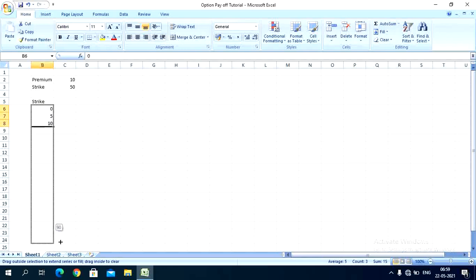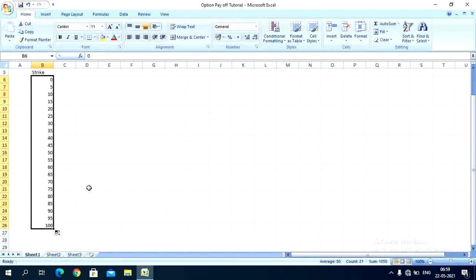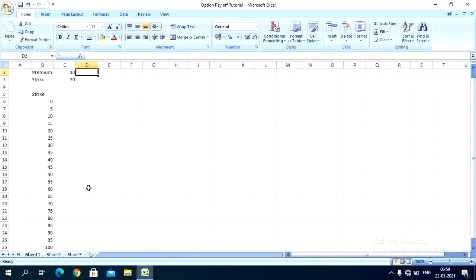Let's say the price can increase up to 100, so 0 to 100. So let's start the payoff diagram of your long call. As I have said, you need to understand first what premium amount has been given.